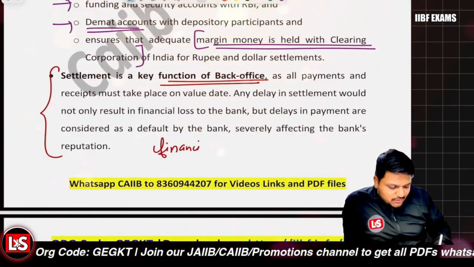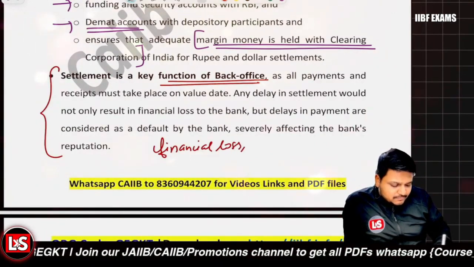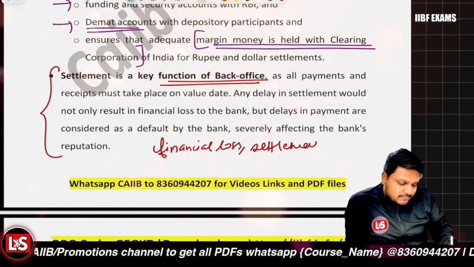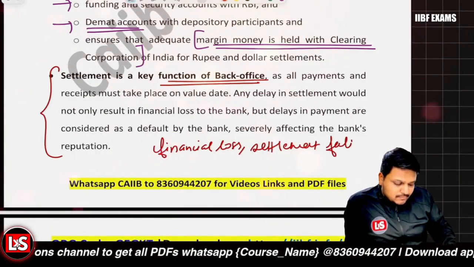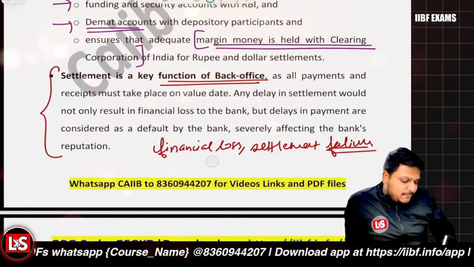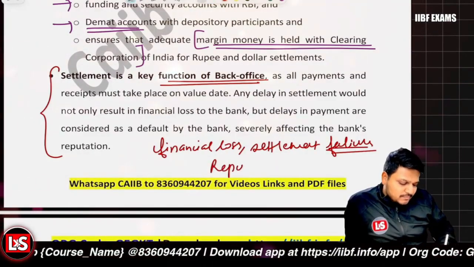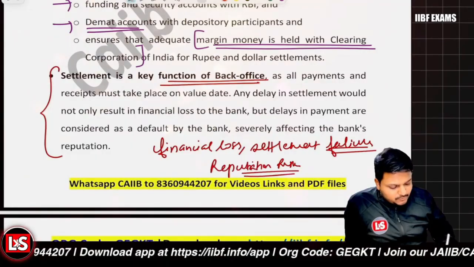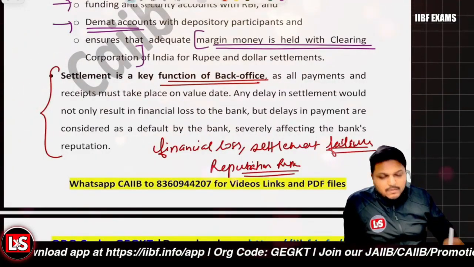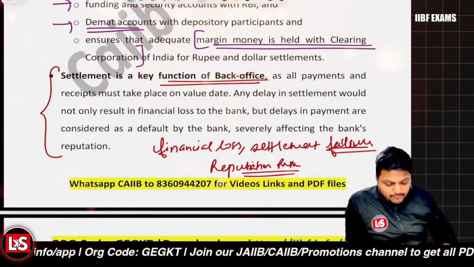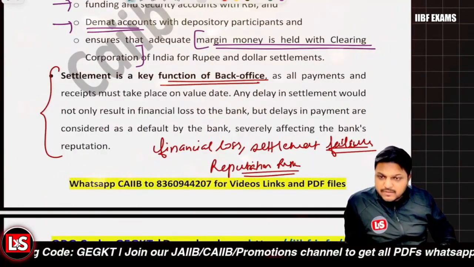The financial loss will be there, and also the settlement failure will be there, and reputation risk will be imposed, right? So it is very much a key function which is performed by the back office.